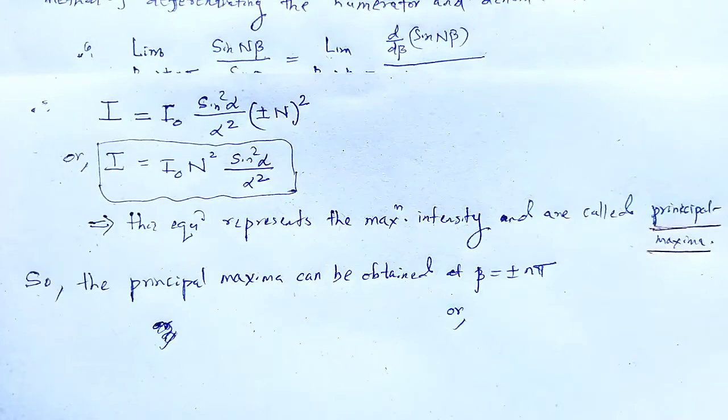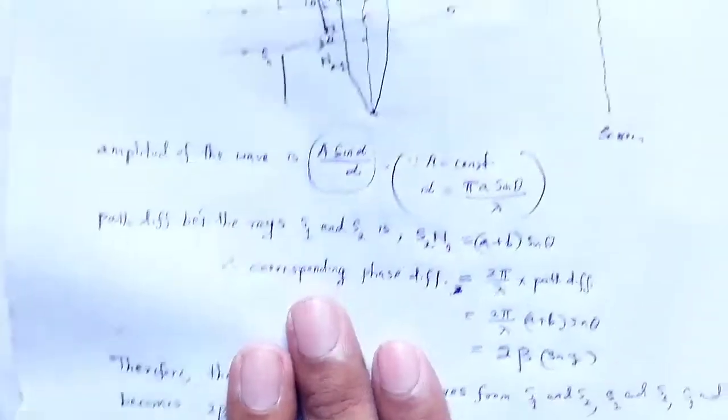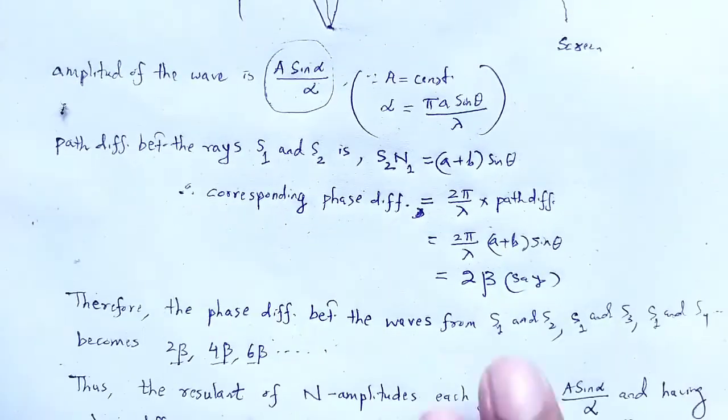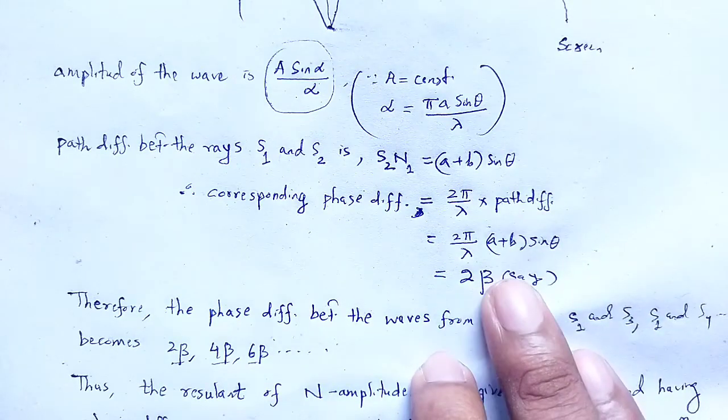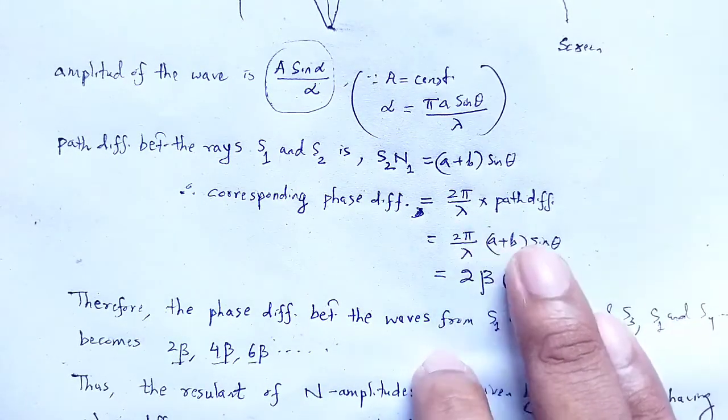Or the value of beta, as we substituted, 2 beta is equal to 2 pi by lambda times a plus b sin theta. So, beta is equal to pi by lambda times a plus b sin theta.